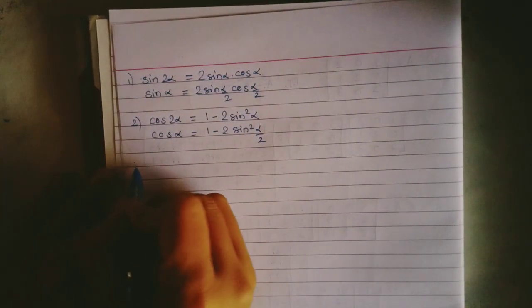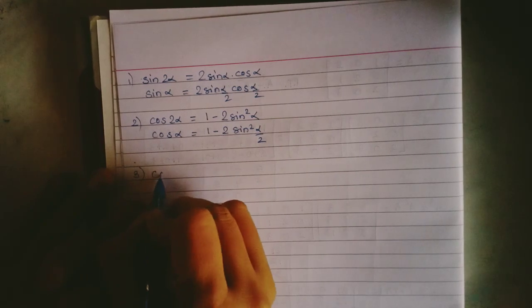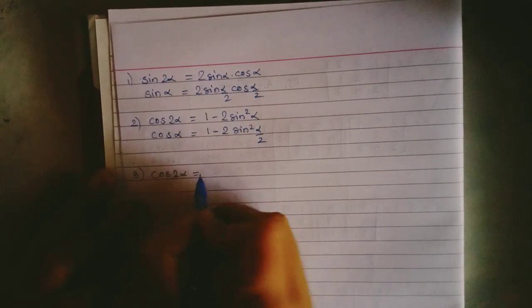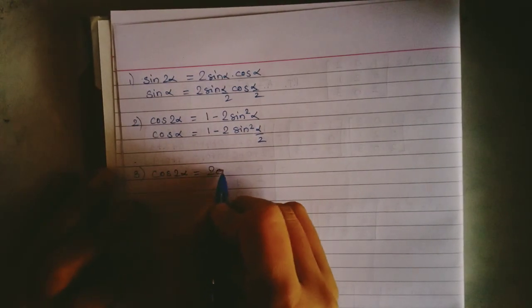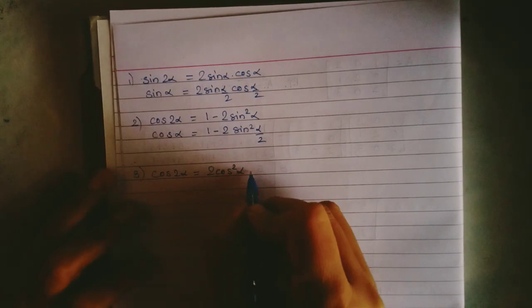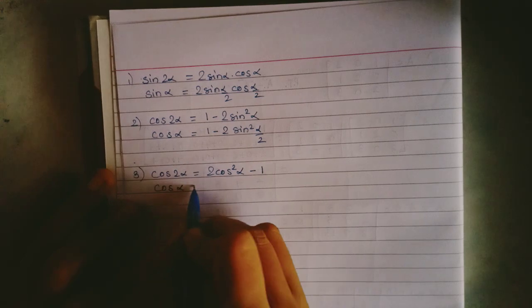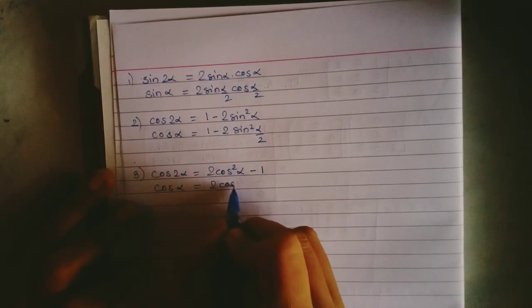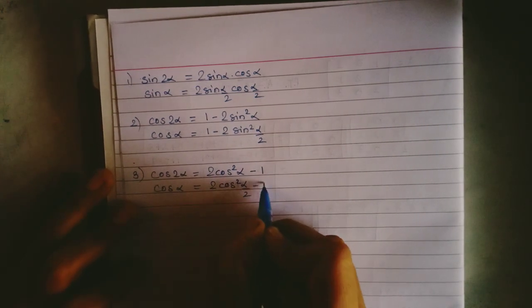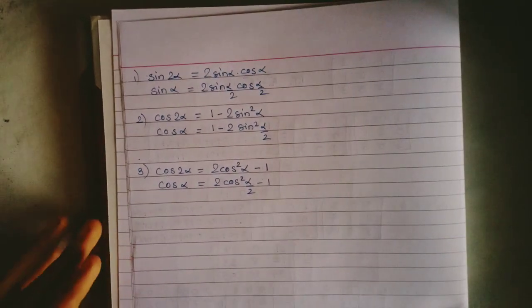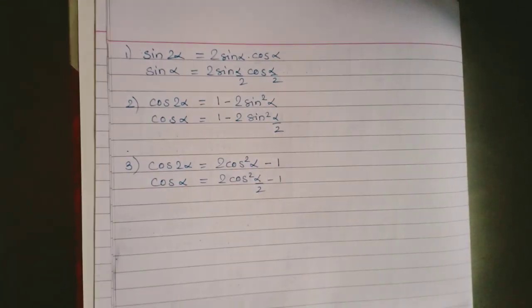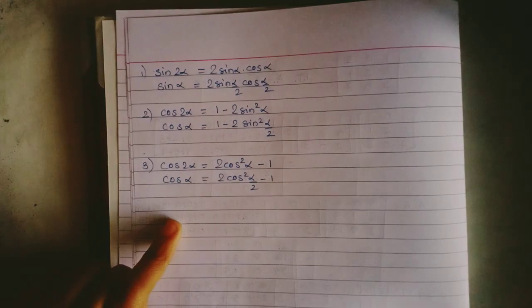Then we can also write this cos 2 alpha in terms of cos, that is 2 cos square alpha minus 1. Okay, taking half angle you will get cos alpha equal to 2 cos square alpha by 2 minus 1. So we have to use all these three trigonometric identities.